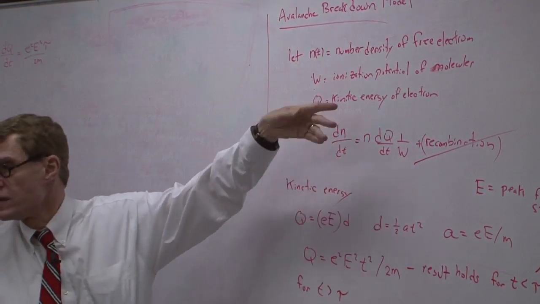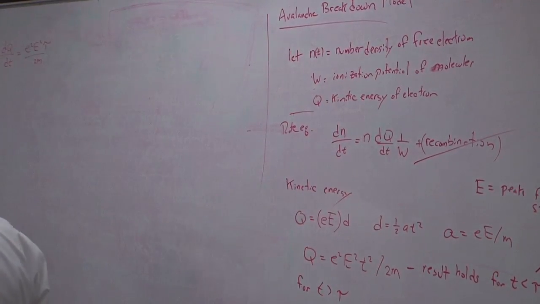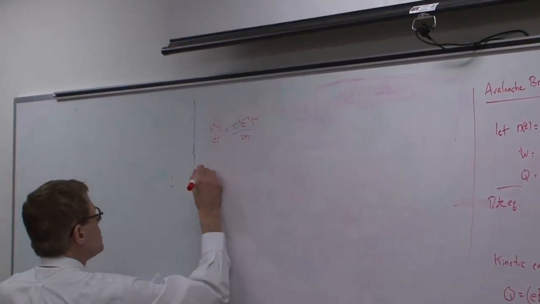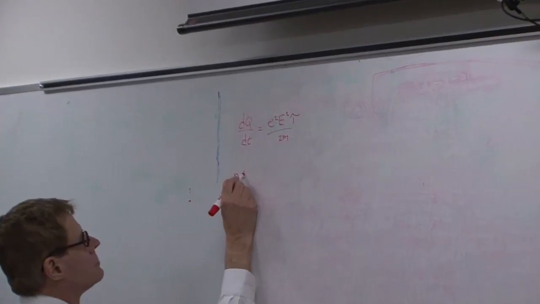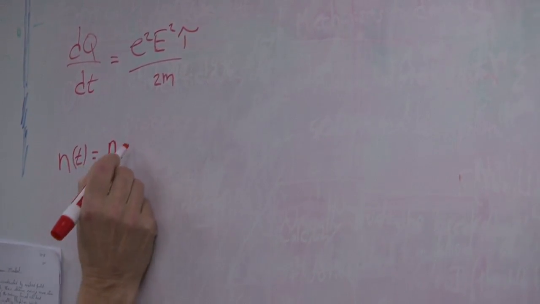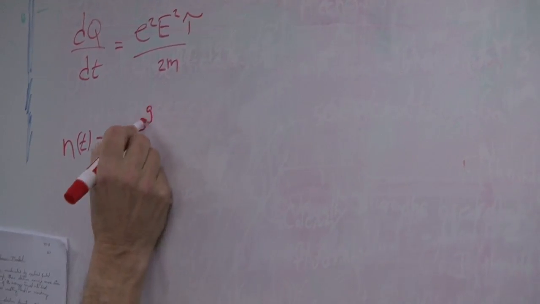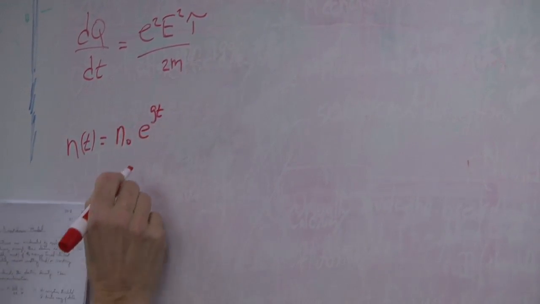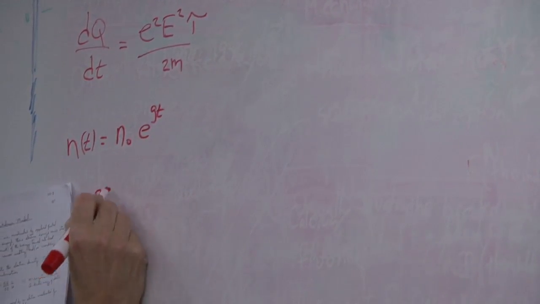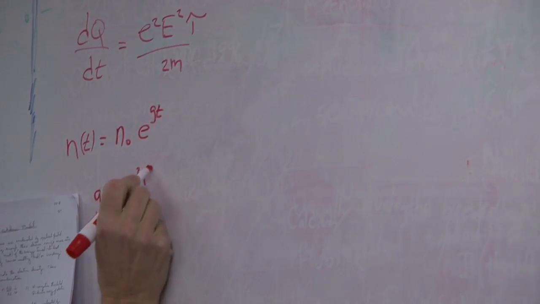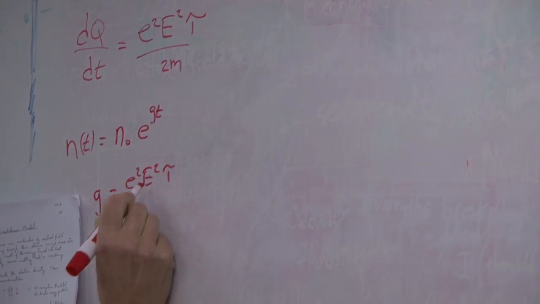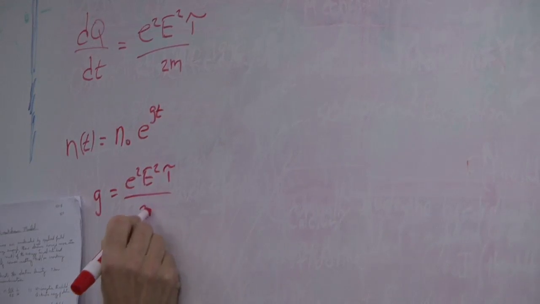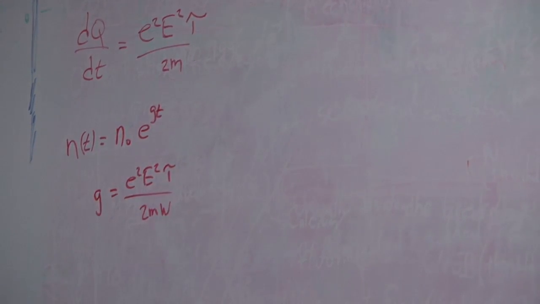So this is just an exponential solution. So we see that n of t is n0 times e to the g t, where g is E squared tau over 2mW.